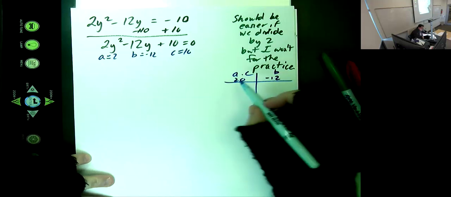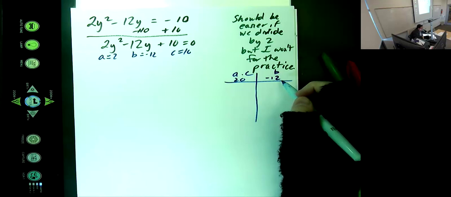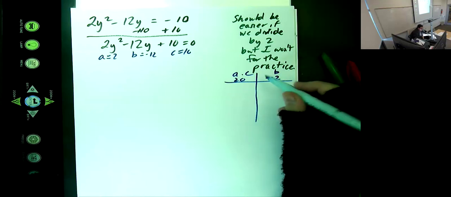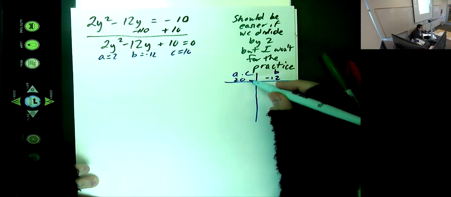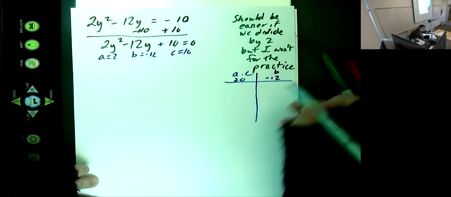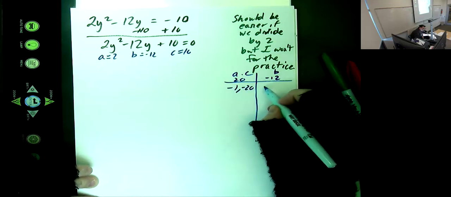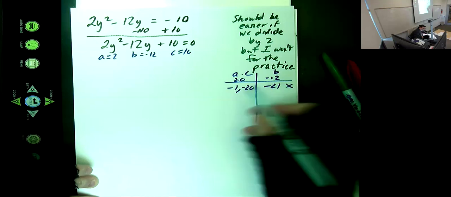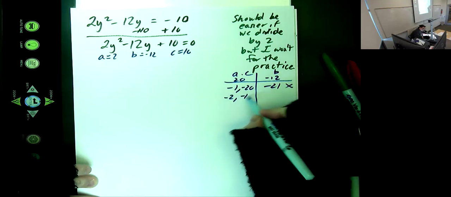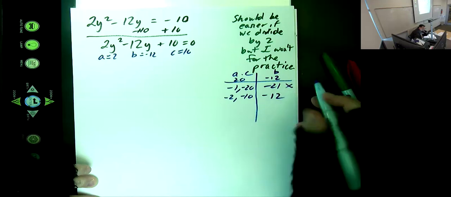So it's got to multiply to 20 and add to -12. If it multiplies to 20, they're either both positive or both negative. If it adds to a negative number, they both got to be negative. So I'll just start with -1 and -20, and that adds to -21. That doesn't work. -2 and -10 multiply to 20, and that adds up to -12 right away.